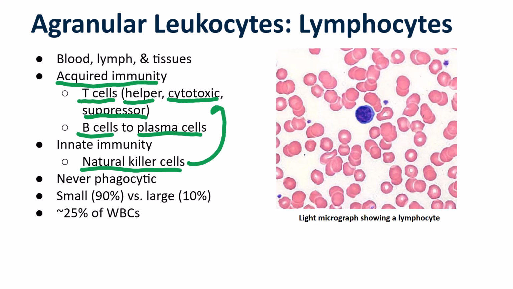And when we look at a blood smear, we can categorize them as either small, which typically, up to about 90% of them, are small, or large. Large lymphocytes are active lymphocytes. So small lymphocytes become large lymphocytes when they encounter an antigen and then mature into a lymphocyte which is capable of mounting an immune response. And lymphocytes as a category are fairly abundant, coming in at about 25% or a quarter of all leukocytes.